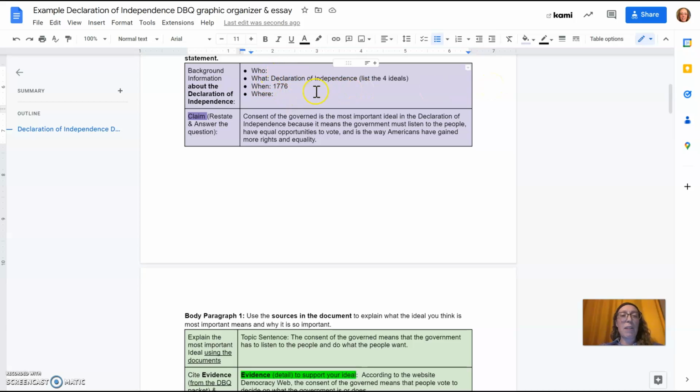So now back up to the introduction. The main thing is we need to have something about the Declaration of Independence. You must list the 4 ideals. The rest of this is just ideas. If you have a good way to start that does not include a question, we don't directly address our readers in formal writing in social studies.